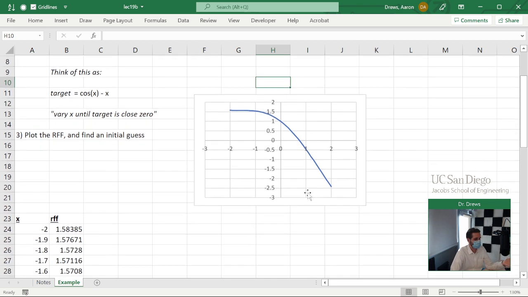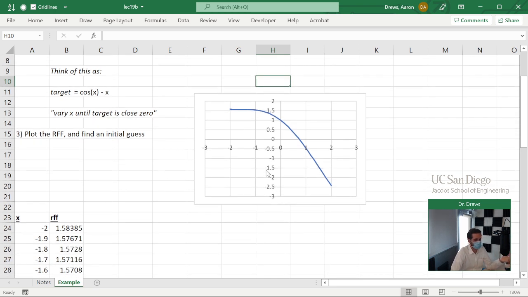And so with this figure, we say, where do we think it crosses 0? Well, the 0 is along the axis here, and it looks like our curve crosses somewhere between 0 and 1. You can be pretty sloppy with the initial guess in most cases, so I'm just going to guess that it's around 1. So we're going to guess around 1 for the root, i.e. for the solution.